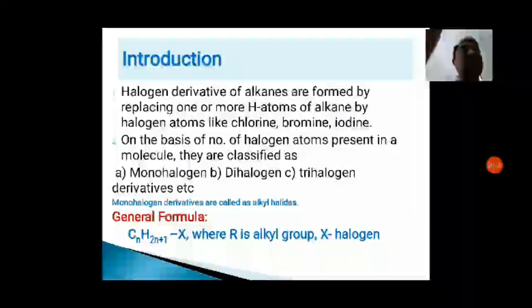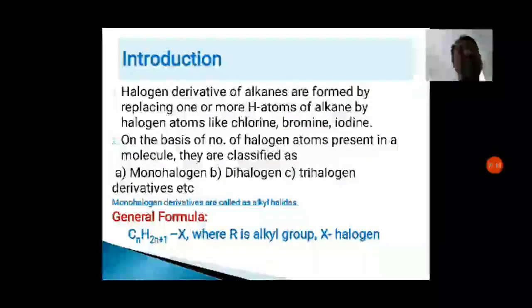If we replace one hydrogen atom by one halogen atom, then we get a monohalogen derivative. If we replace two hydrogen atoms of an alkane by two halogen atoms, then we get a dihalogen derivative. And if we replace three or more hydrogen atoms by halogen atoms, then we get a polyhalogen or trihalogen derivative.